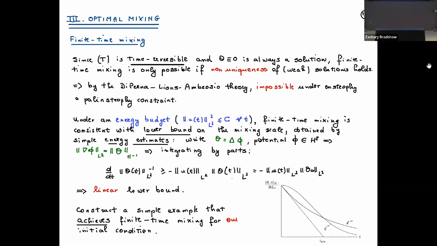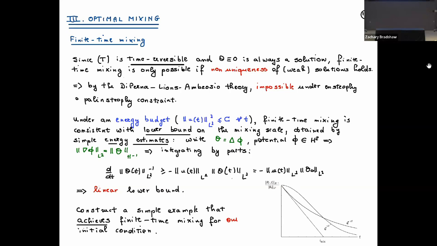If you do it under an entropy constraint, you will also get a linear bound, while the optimal bound will be exponential. And if you put a higher constraint, you are going to get a Gaussian bound. So that's what you get by energy estimates, and none of this will be optimal except in this case.